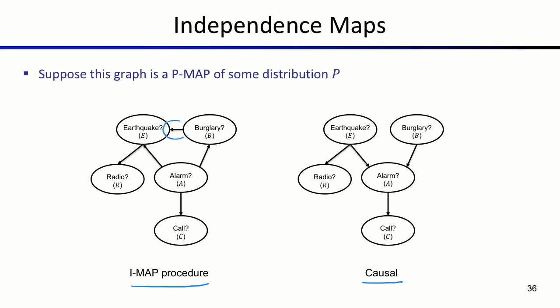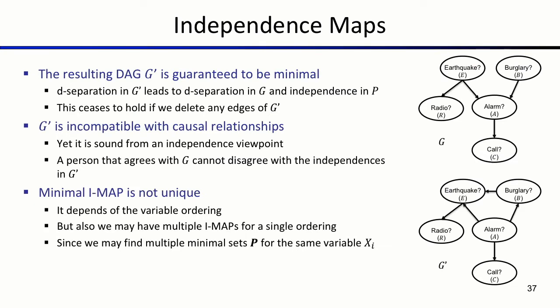So we have one additional edge that we didn't have here. So we can use this procedure in order to build those minimal IMAPs, but it doesn't mean that they will be easy to understand. So this is a sort of summary of what we have discussed before.